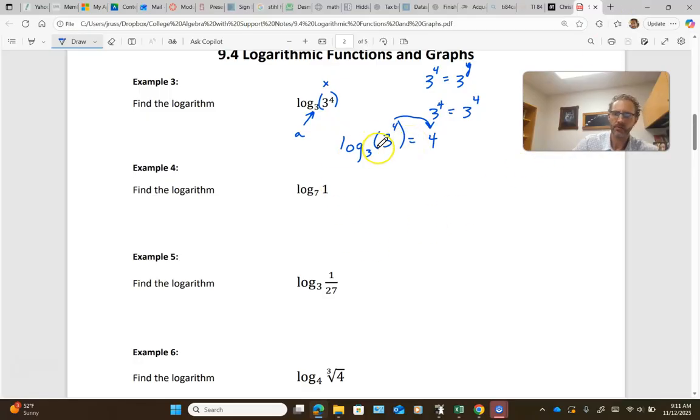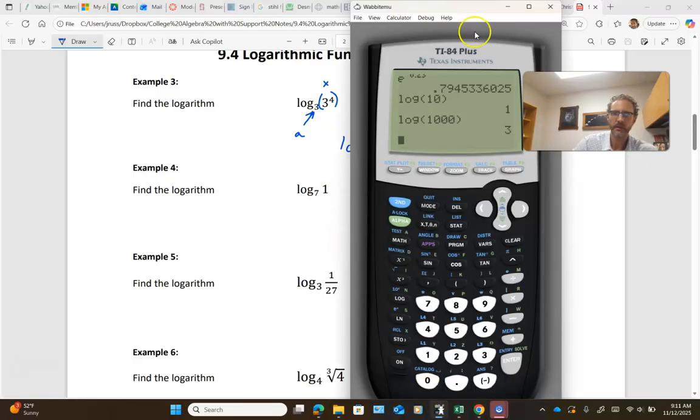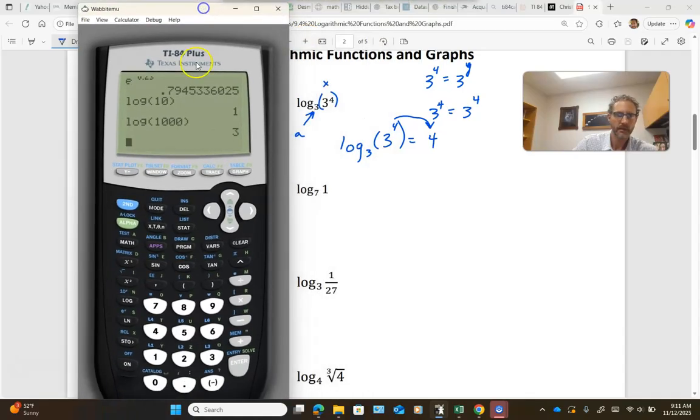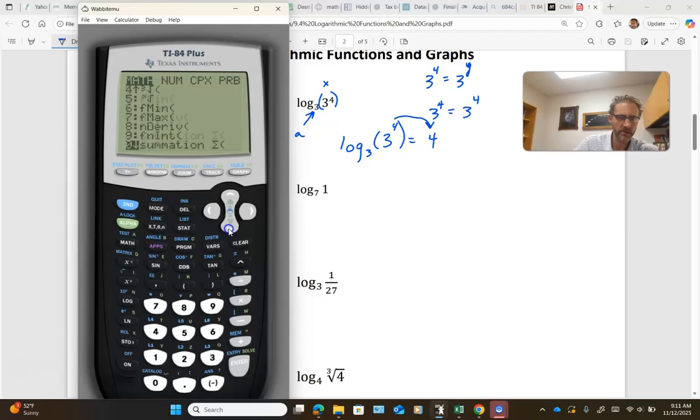Alright, well you might ask, how do I do this one in the calculator if I wanted to? If you come over here to math, and scroll down, here it is, where it says log base.